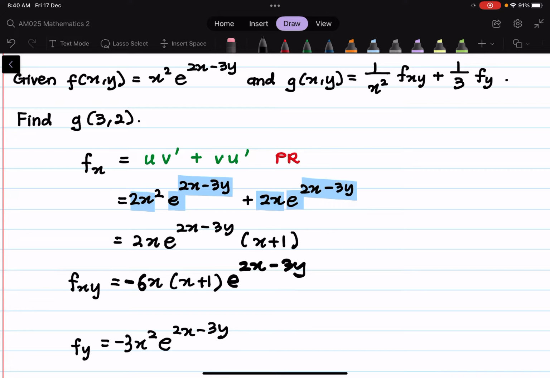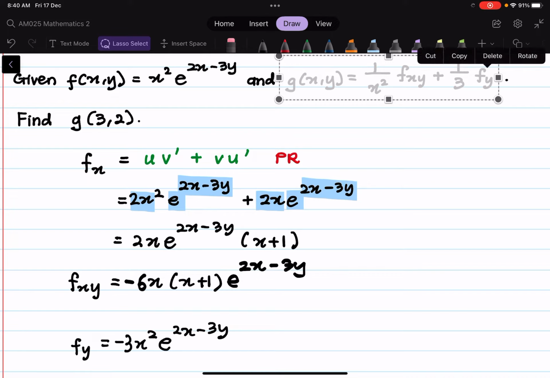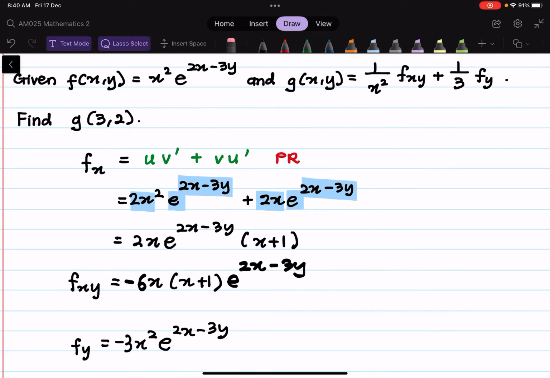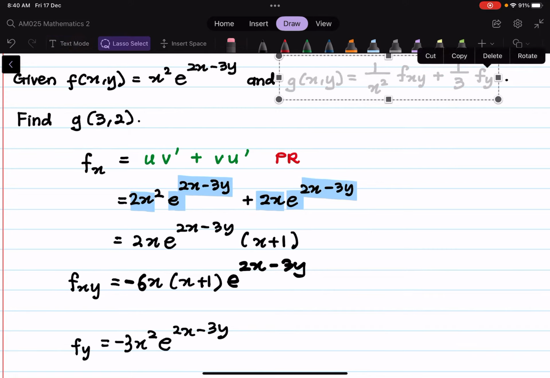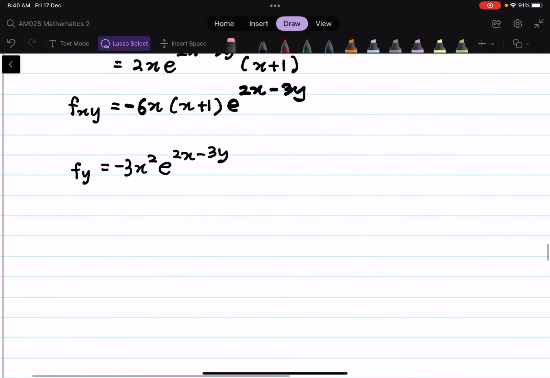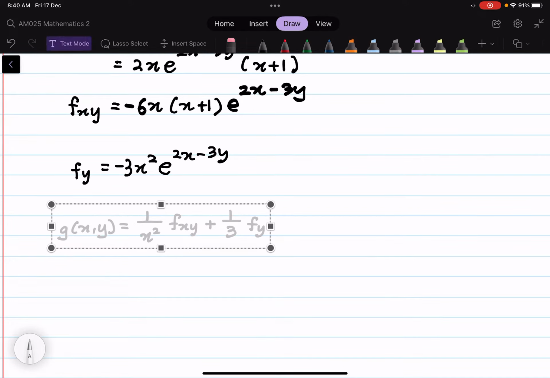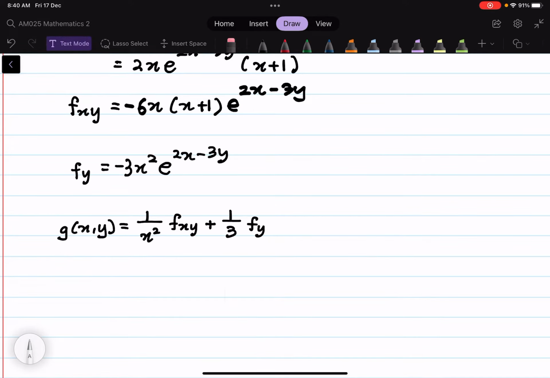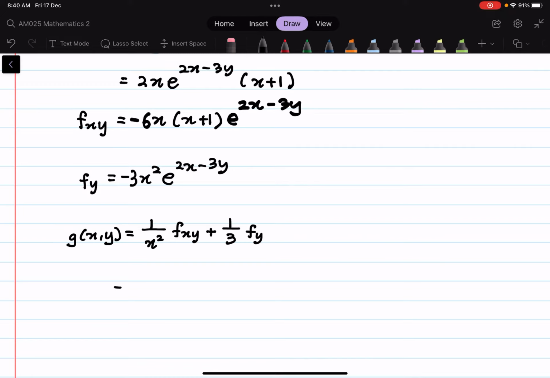So let us substitute into this g(x,y). Then later we're going to substitute x equals 3 and y equals 2. So we have 1 over x squared.